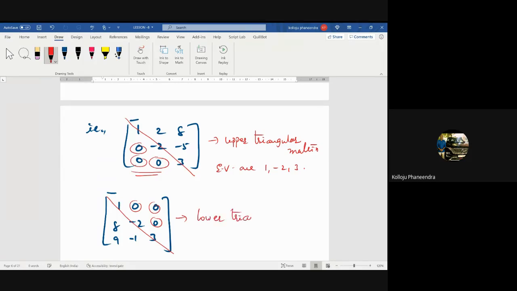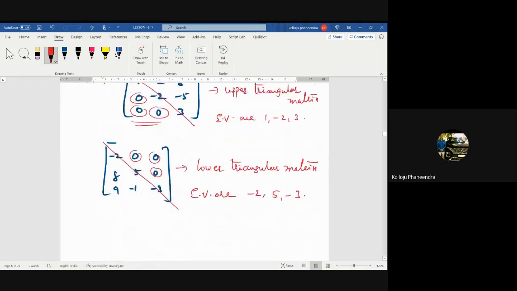Let me take different ones: minus 2, 5, minus 3 on the principal diagonal. Eigenvalues are minus 2, 5, minus 3. These are the properties of eigenvalues.